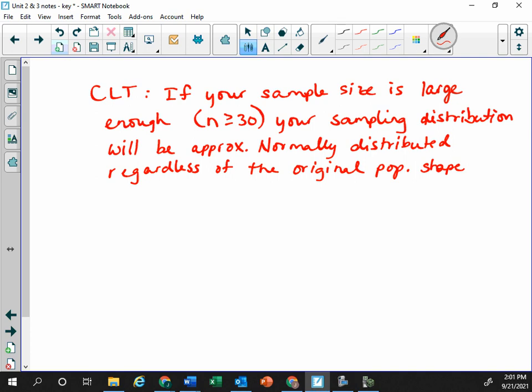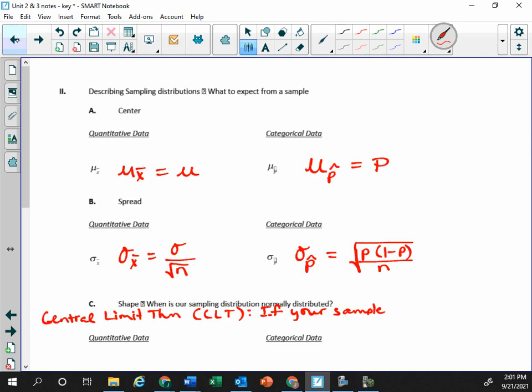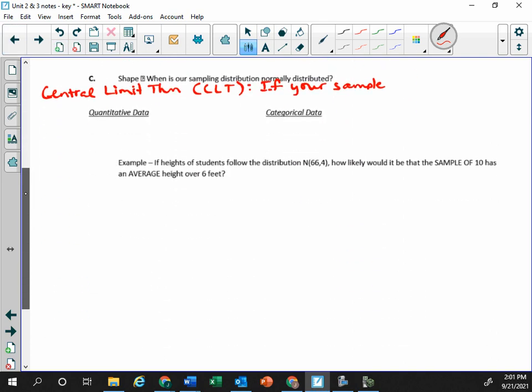All right, let me go back. Okay, I'm going to write some checks that we have to do under quantitative and categorical data. So these are conditions to check. Got a couple of them.